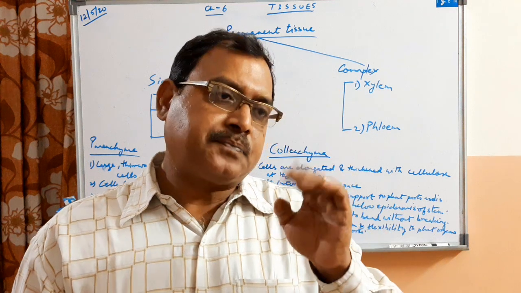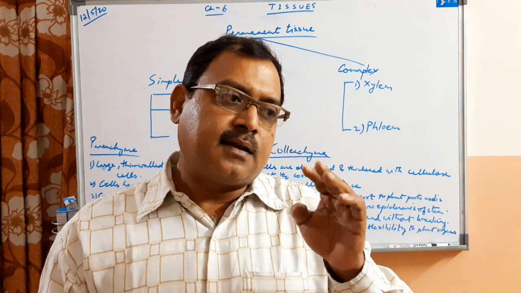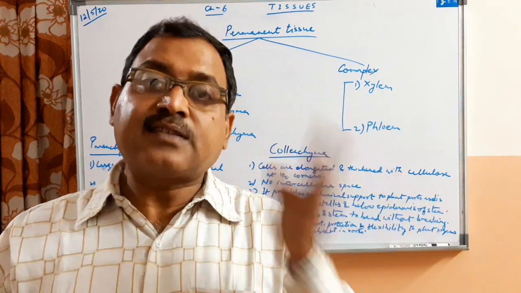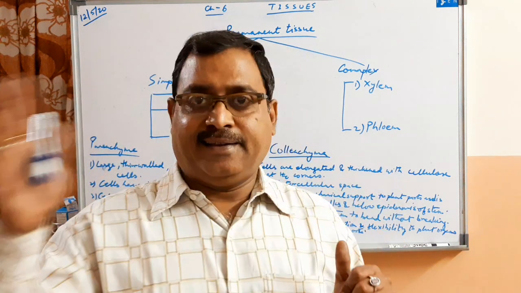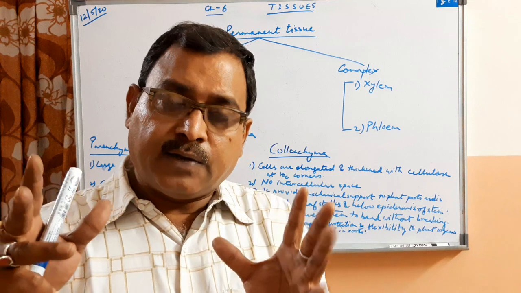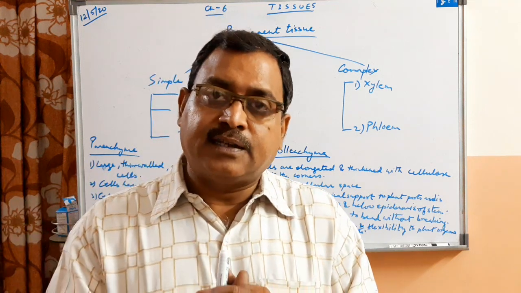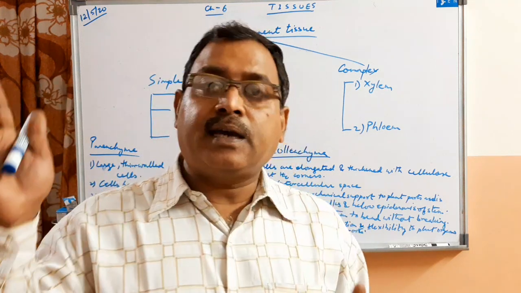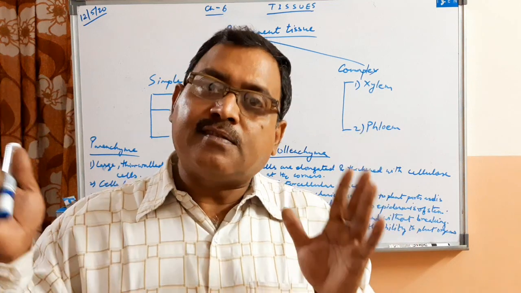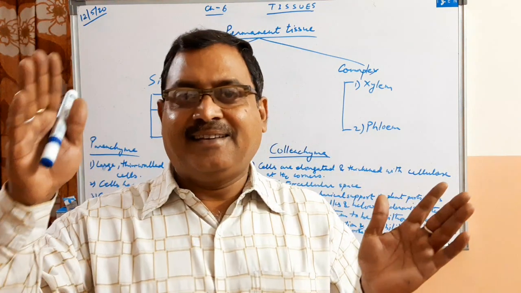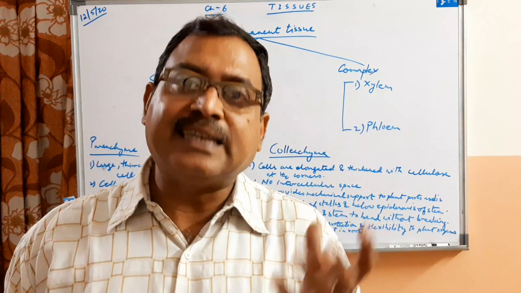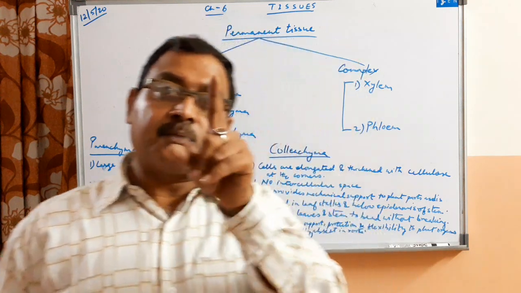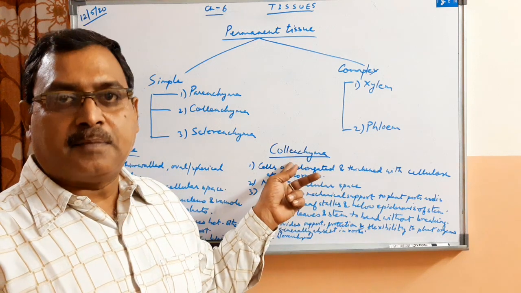Also you will find that various stems, for example bamboo, sway. Whenever a storm occurs, the bamboos sway, the big trees also bend without breaking. So that means this flexibility is there. This flexibility is because of this collenchyma.